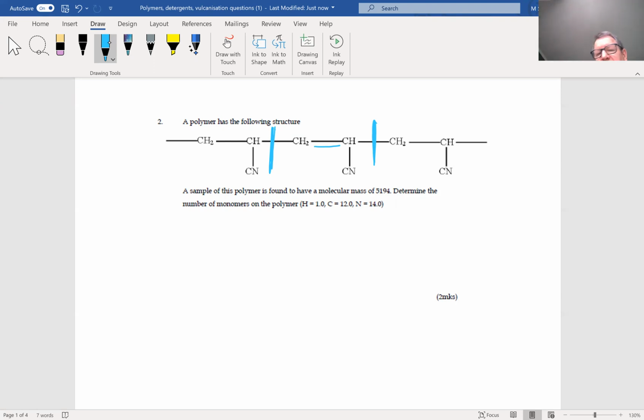So what I do is I say, okay, what does this weigh as a monomer? I do the little calculation here. I've got 3 carbons, so it's 3 times 12. And I've got 3 hydrogens, they weigh 1 each. And I've got a nitrogen, one of them, and they weigh 14 each.